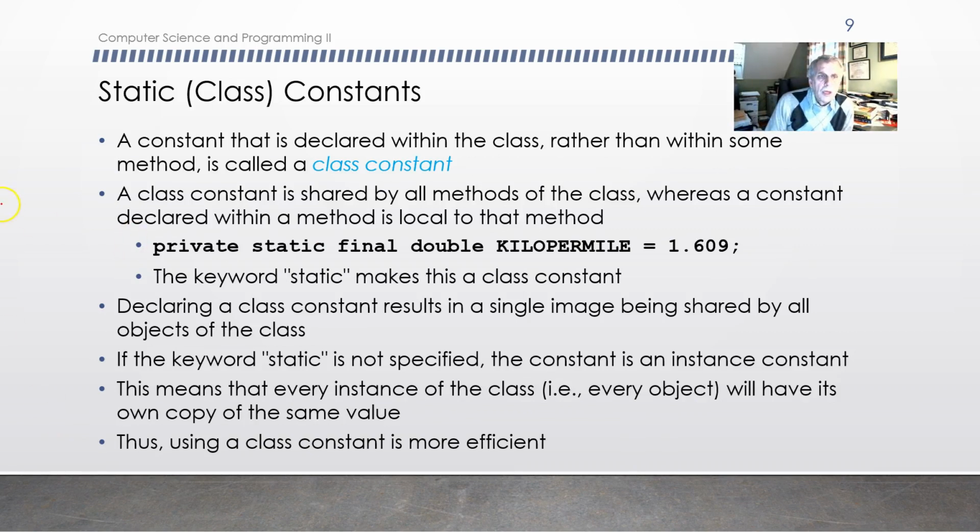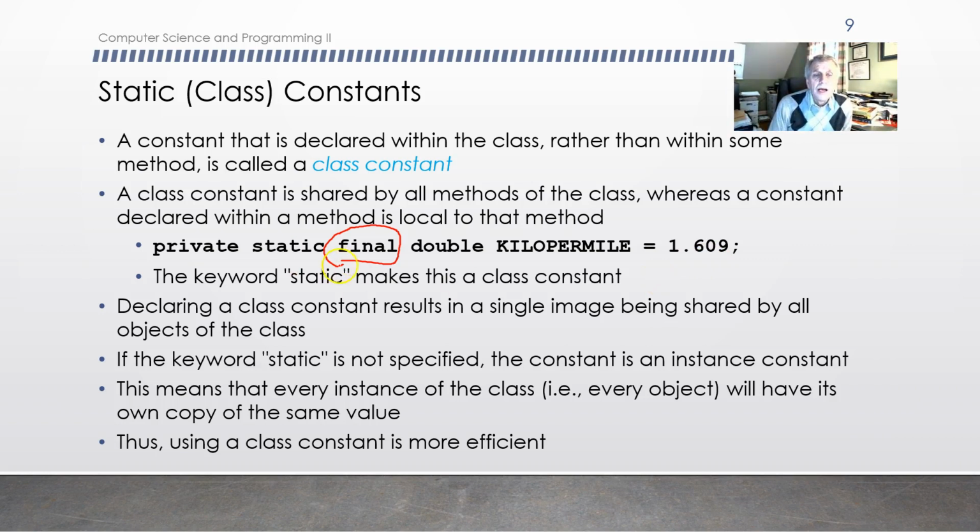Okay, constants. What are constants? Constants are defined very similar to a variable, except we add the word final. This is what makes them constant. So you would have an identifier that is of a certain data type, and you assign it some value, just like declaring a variable and initializing it, except this is the only time you're going to get to assign it.